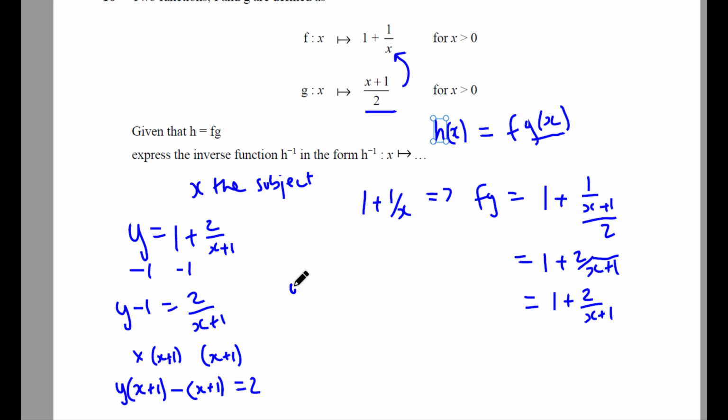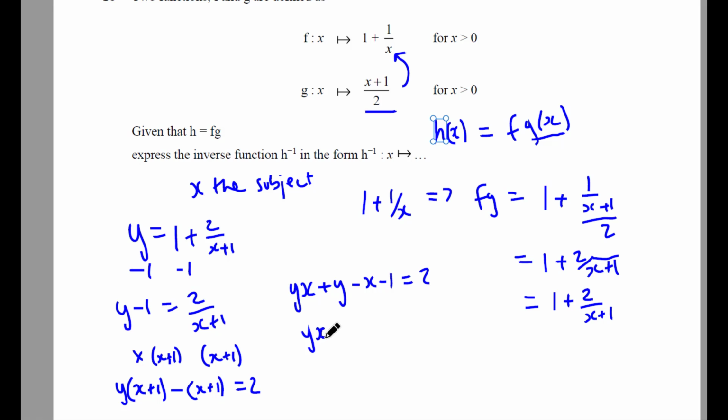So we're going to get yx plus y minus x minus 1. Now that becomes minus 1 because you've got a minus and a plus here, so make sure you get that correct. So that equals 2. Now we want all the x's together, so rearrange that.